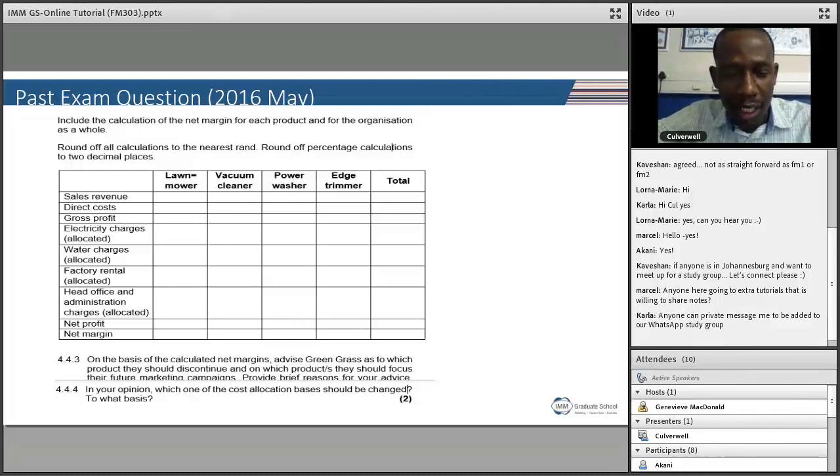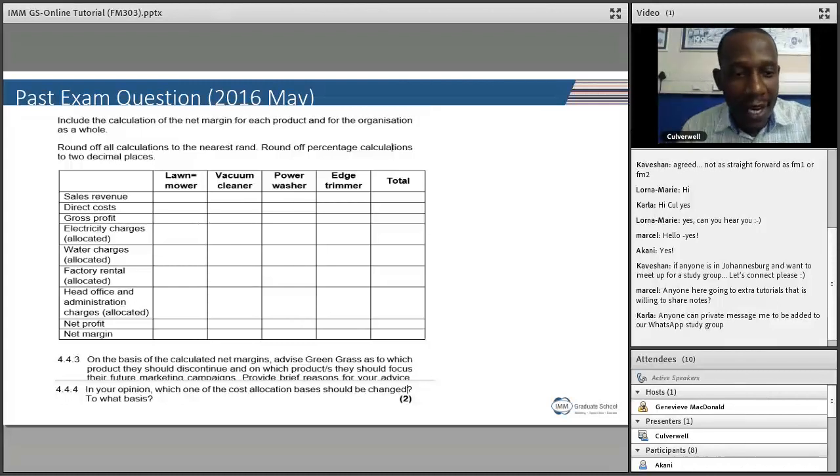So hence, you needed to change the allocation of head office and administration charges from equally to the sales revenue that one was generating.